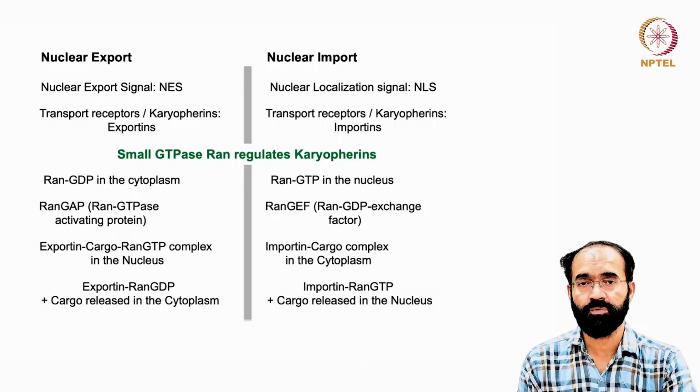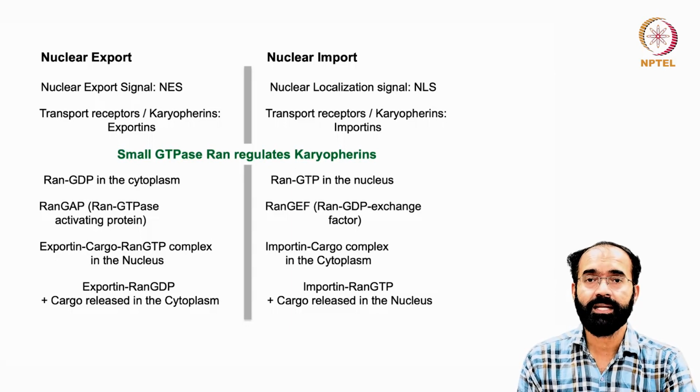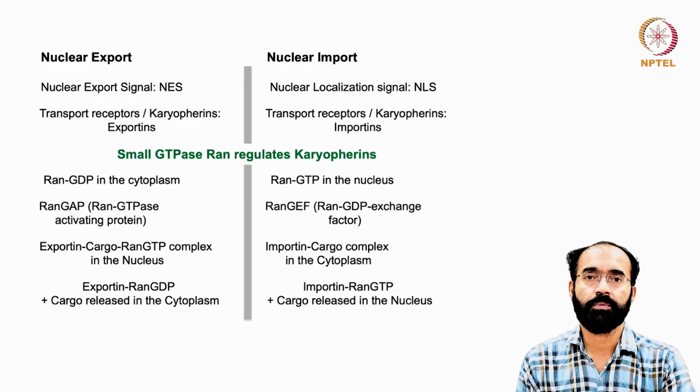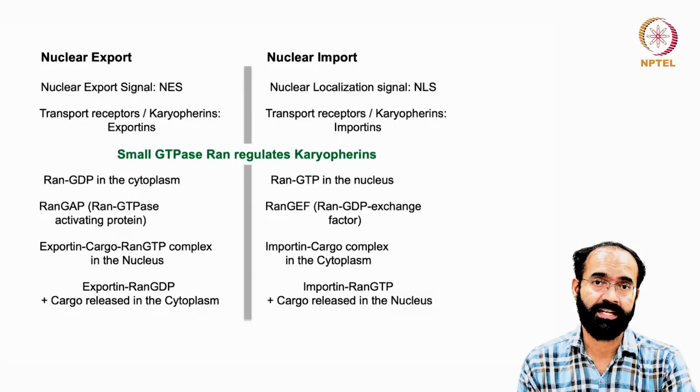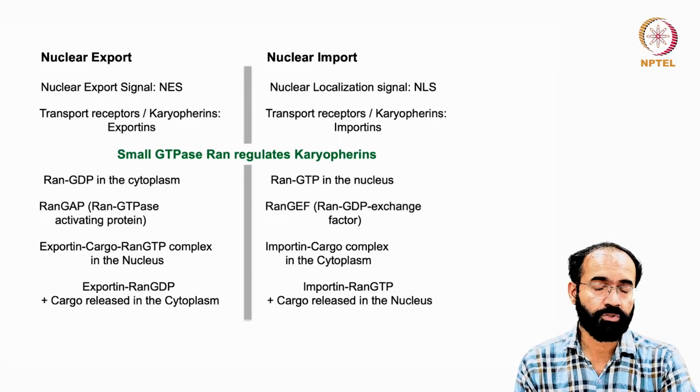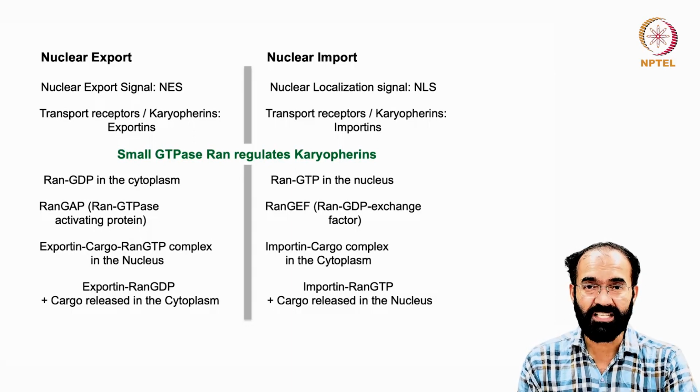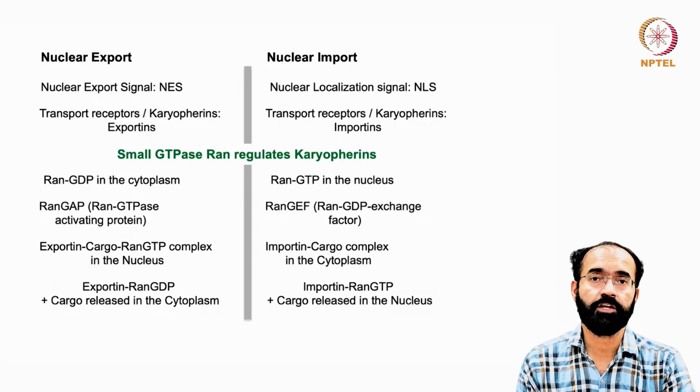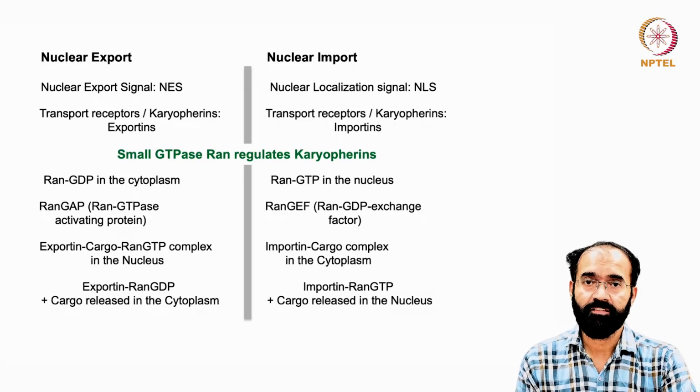Every RNA is not of uniform size. Based on the size of the RNA, they have to be held together by various factors in the nuclear pore complex. Accordingly, the nuclear export signal also will vary. There is nothing specific like a sticker you put on the RNA that indicates it is an export signal. Every RNA will have a different set of export signals.